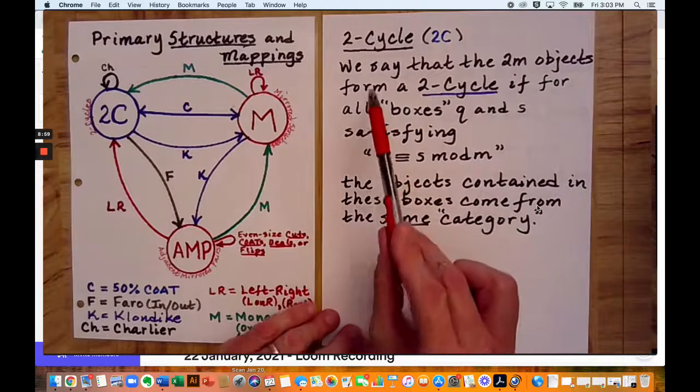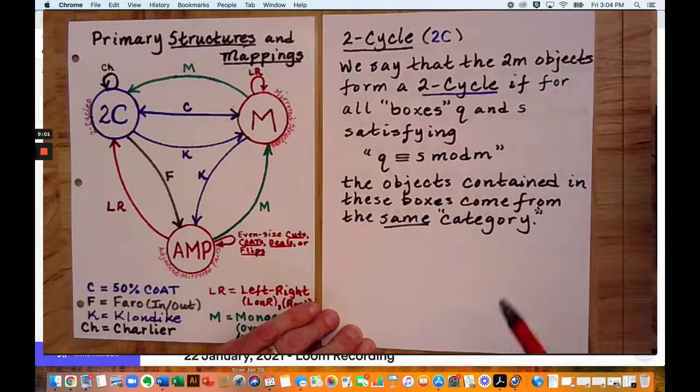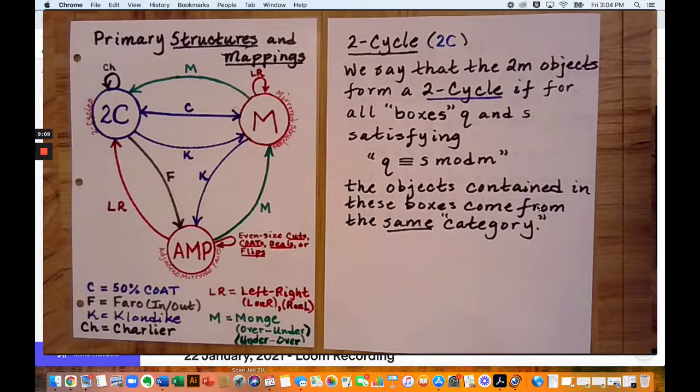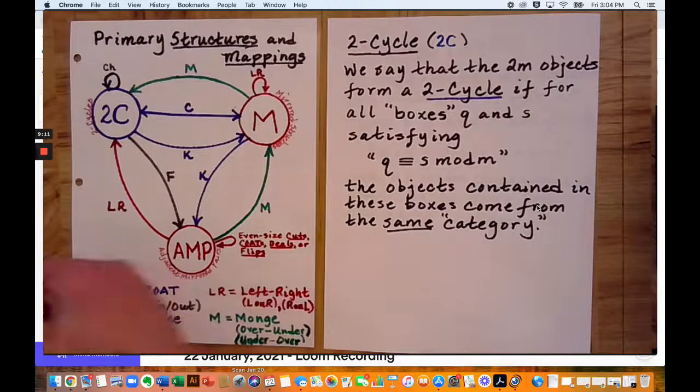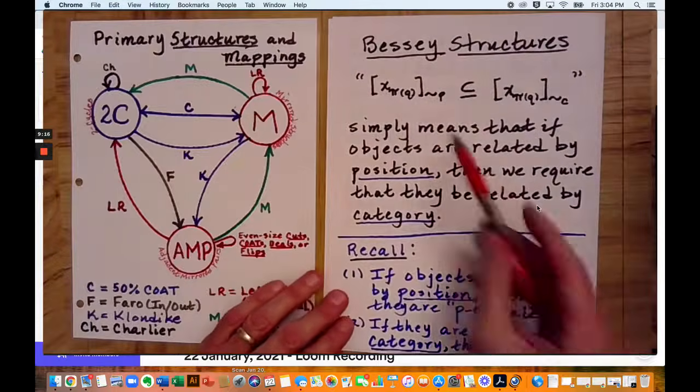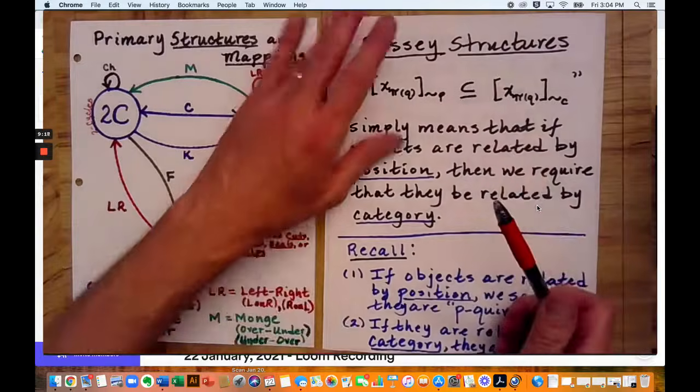A 2 cycle is essentially a pair of equivalence relations in which if they are related by position, they need to be related by category, as we've mentioned right here.